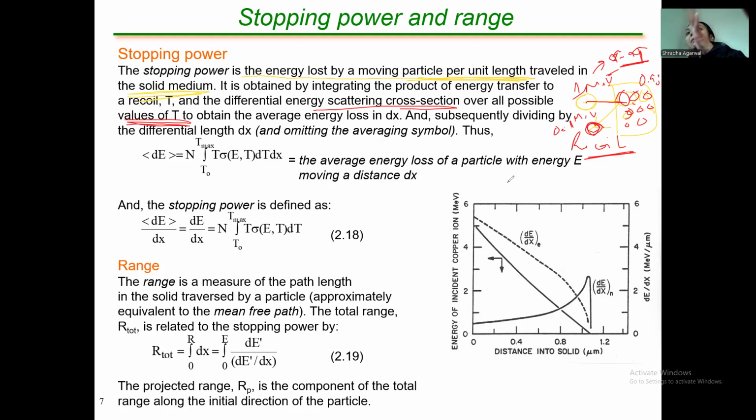Like this, it will keep on reducing energy, right? And your differential cross-section will change. So this is your differential energy cross-section that you have to integrate over all possible energies of recoil to obtain the average energy, right?